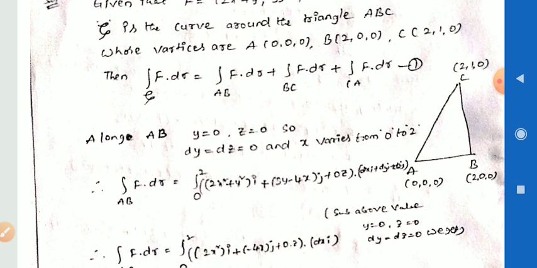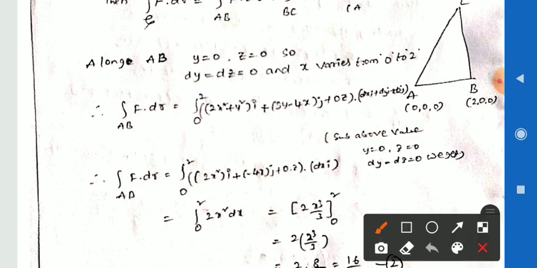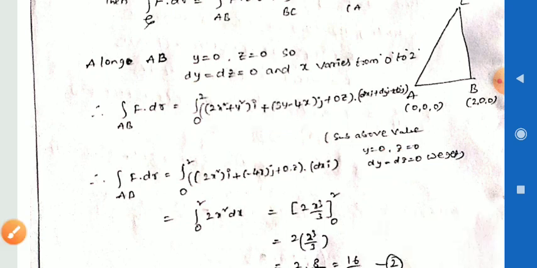By doing the dot product and substituting y equal to 0, z equal to 0, dy equal to 0 and dz equal to 0, we get 2x square into i plus minus 4x into j, 0 into k, dx into i.